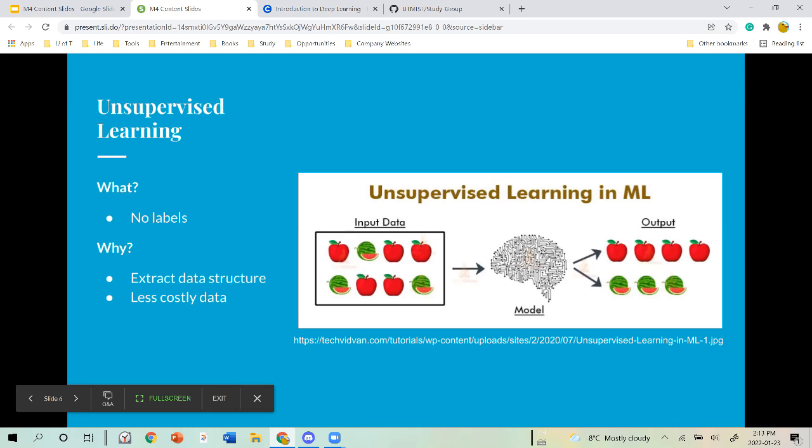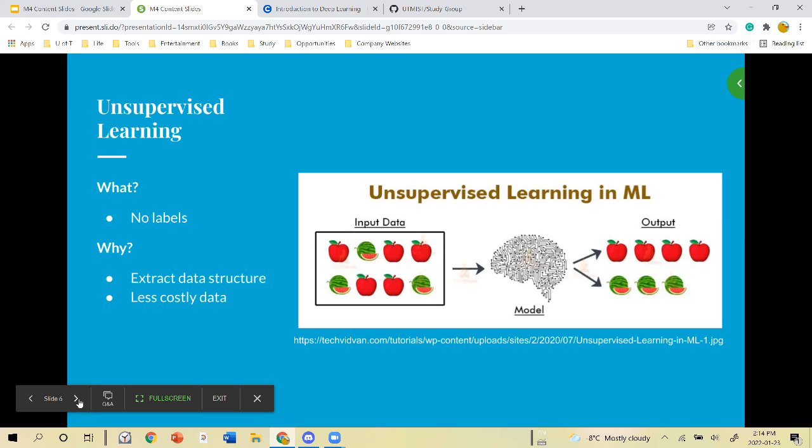Also, one of the reasons it's pretty useful is that the data you gather is less costly. In machine learning especially, data is pretty important, and if you try to assign a label to each piece of data you have, it takes a lot of effort. Now you don't have to have an answer to your data, so that's much easier.